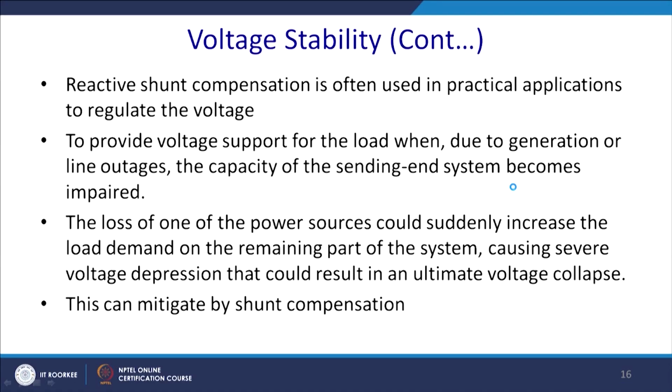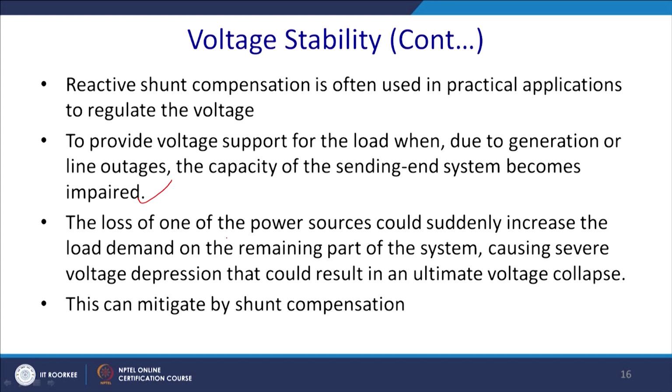So, now we require to discuss the voltage stability. We can see that it can stabilize voltage with the help of the shunt compensation. Reactive shunt compensation is often used in practical applications to regulate voltage and to provide voltage support for the load, because due to generation or line outage, the capacity of the sending end system becomes impaired.